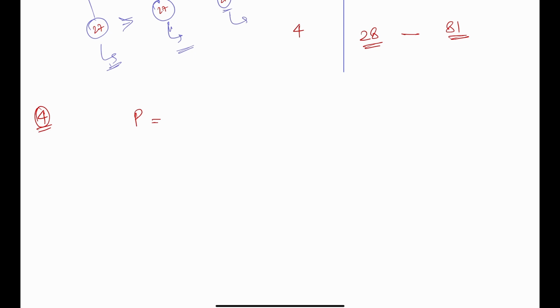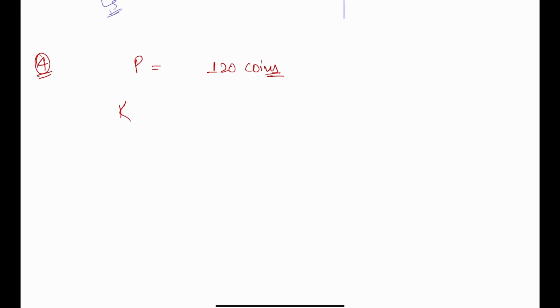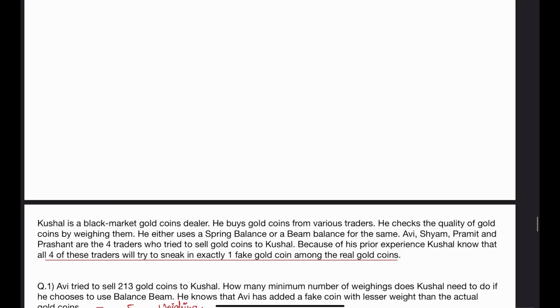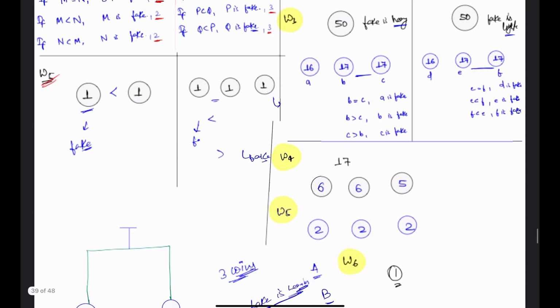Prashant is having 120 coins, and one line is added that Kushal knows the weight of real coins. And one more thing is there: the question is saying that they are using a spring balance.